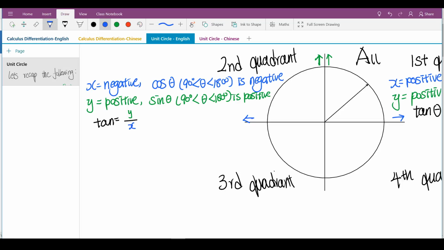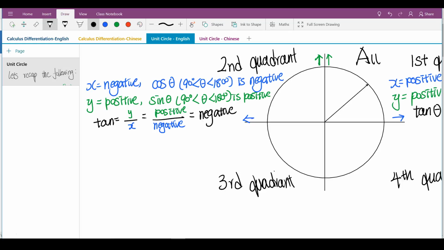So it will equal a positive value over a negative value. So the final product would be a negative value, since positive divided by negative will give you a negative value.